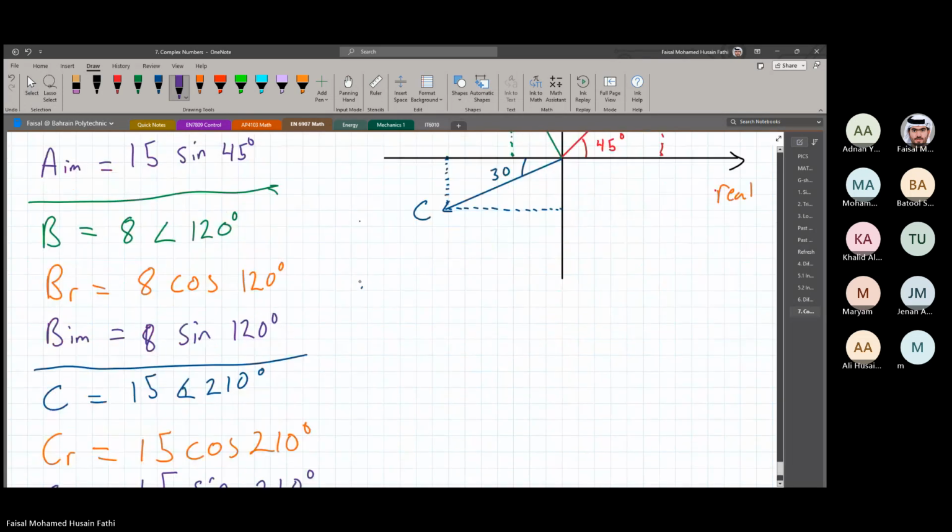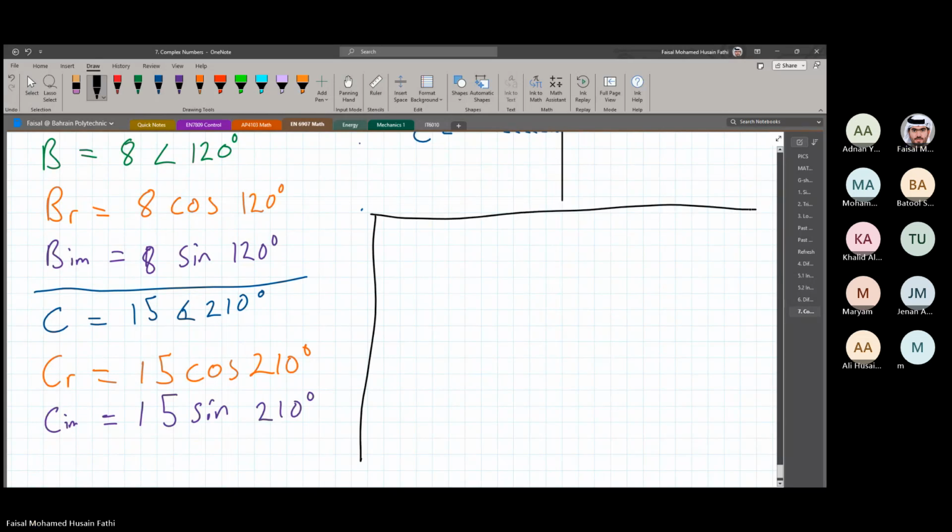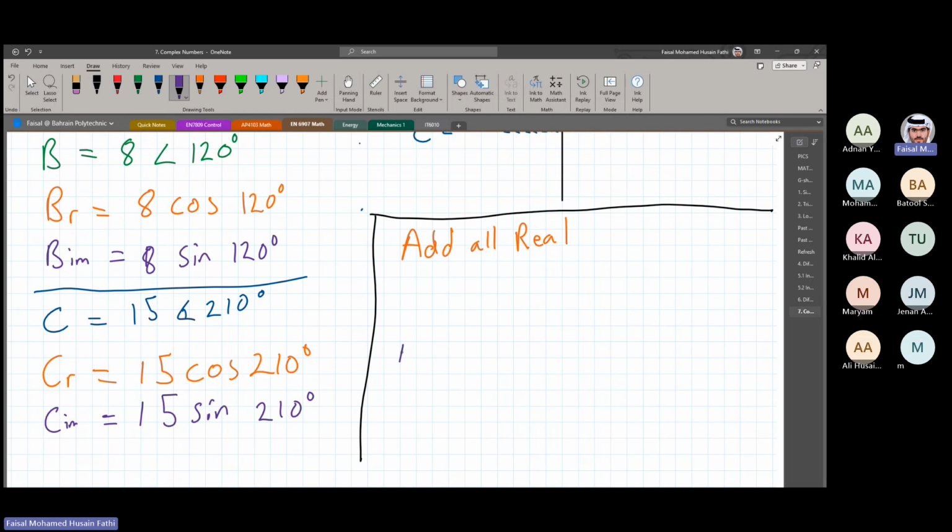Now that we got all of these components, we are going to add all the real, and add all the imaginary. You're done.